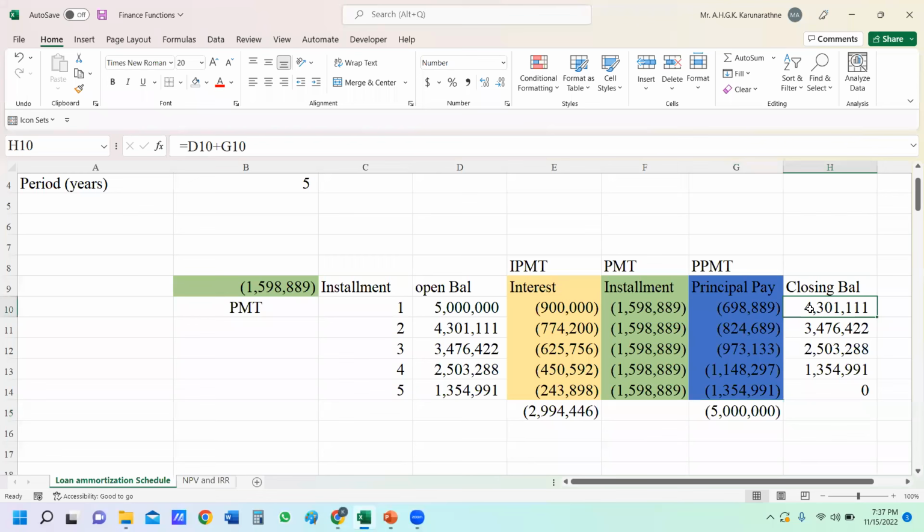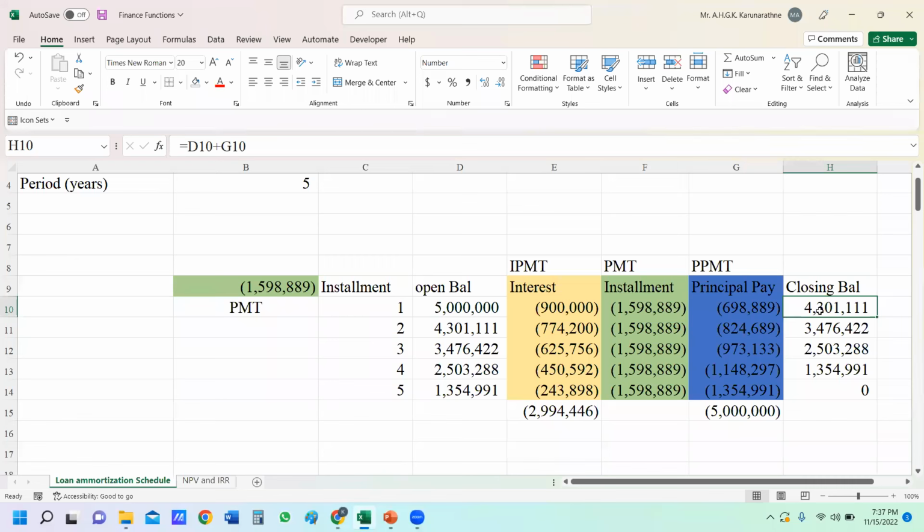For example, this 4,301,111 represents the closing loan liability, or your financial liability at amortized cost. This is your finance liability at the reporting date. You know, financial liabilities should be classified as current and non-current liabilities.